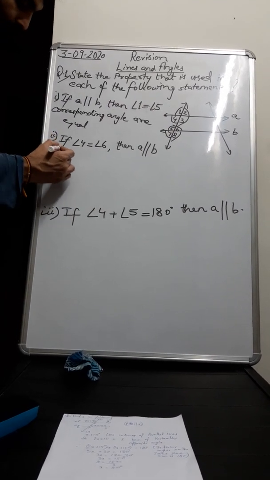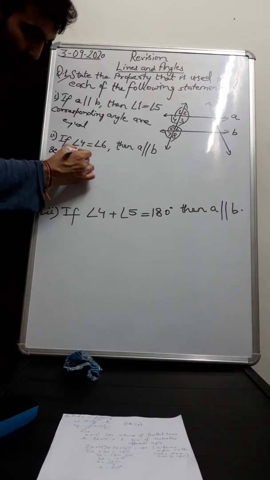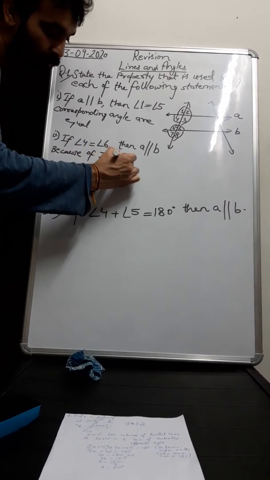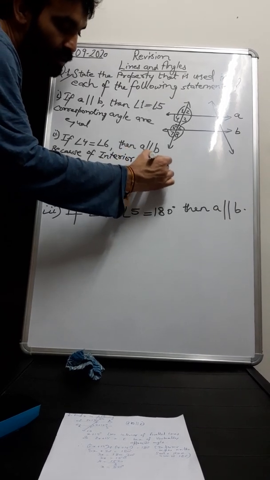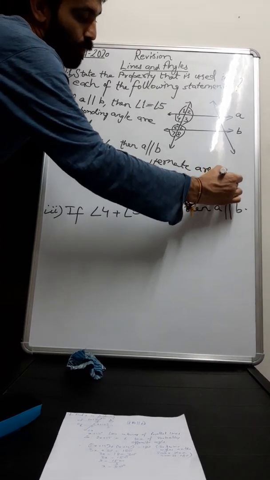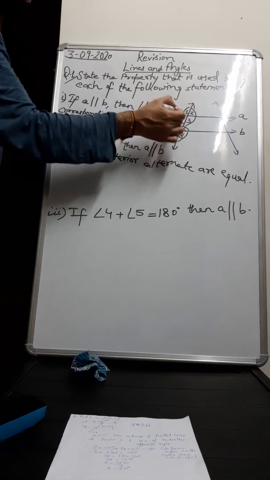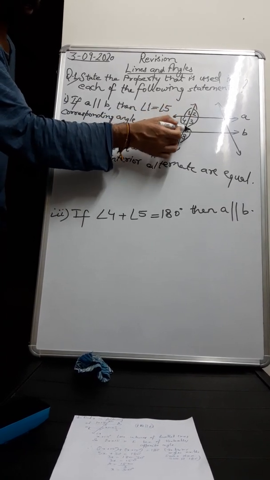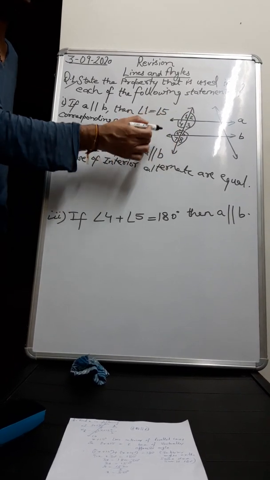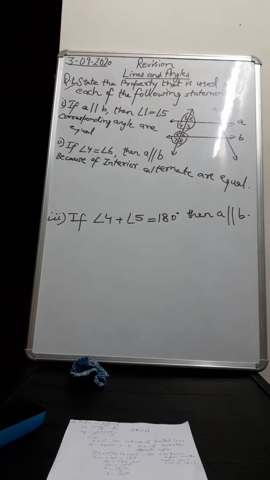So we can say that because of interior alternate angles are equal. Because here 4 and 6 both are lying interior of the parallel lines and they are alternate. That means angle 4 is alternate to angle 6, the angles which are in opposite direction. So that is your interior alternate.